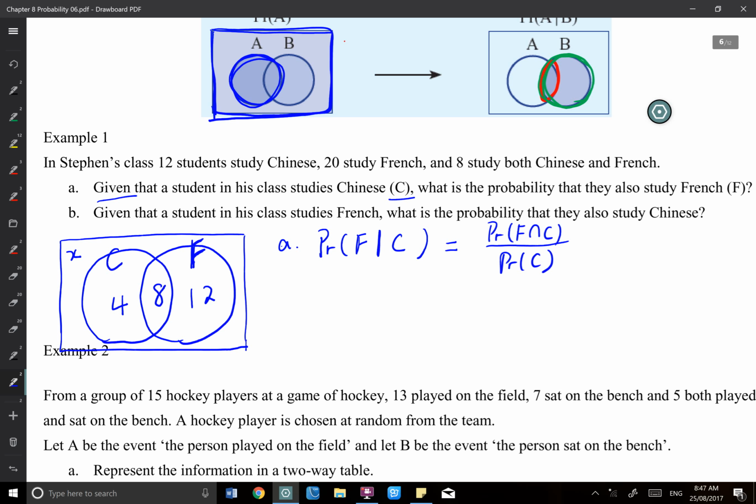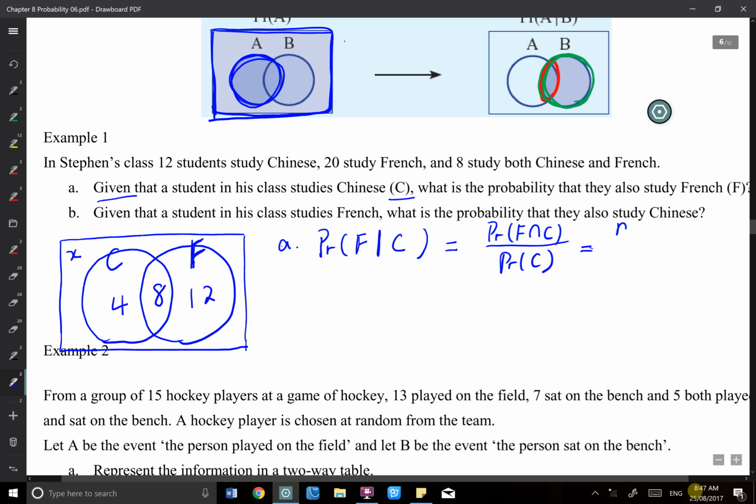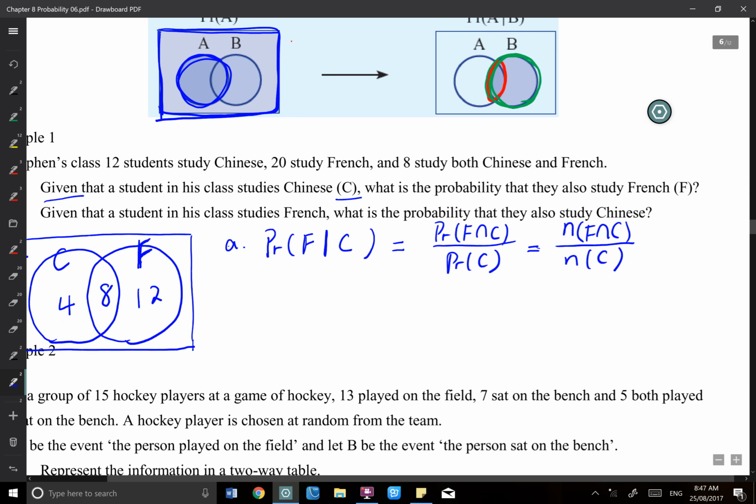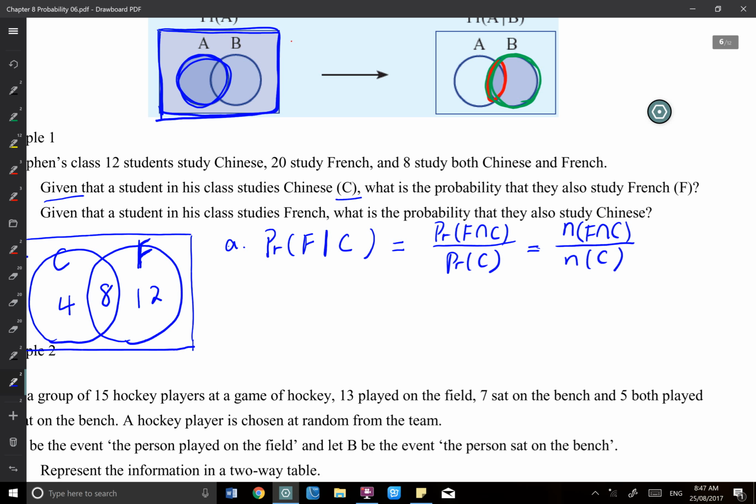So this time, I must use the number of French intersect Chinese over the number of Chinese. Using this formula, we avoid total. So I don't care what is the total. It will get cancelled from both top and bottom. If you assume 25, that will be the same. Assume 35, that will be the same. You get cancelled from top and bottom.